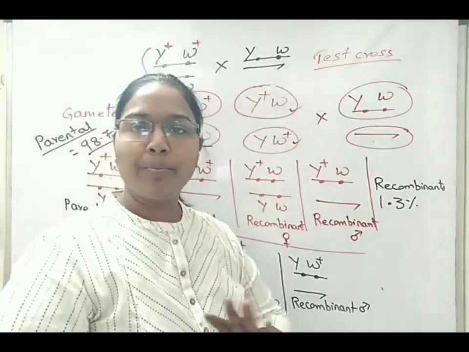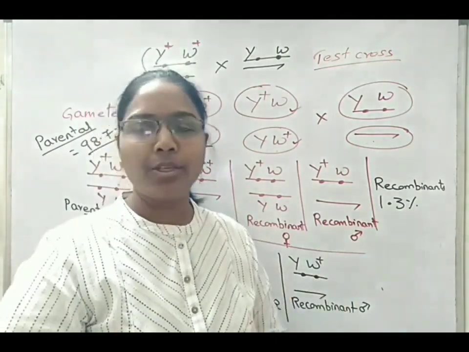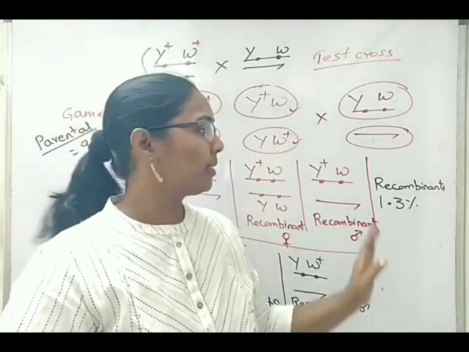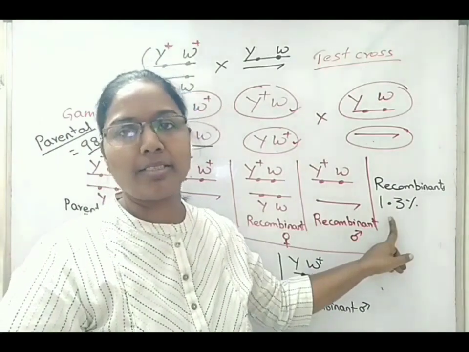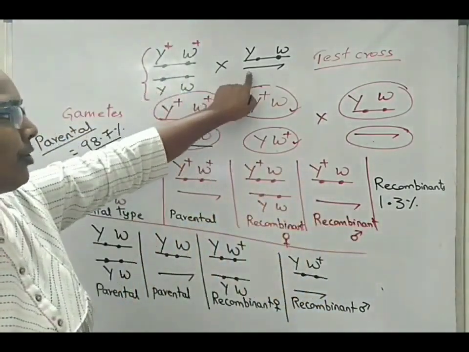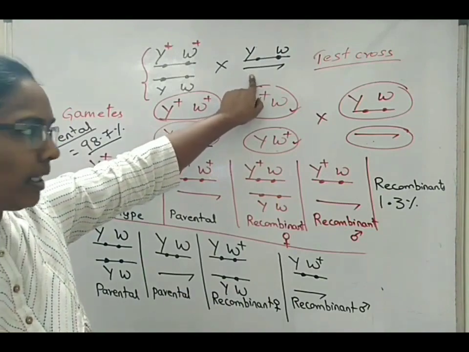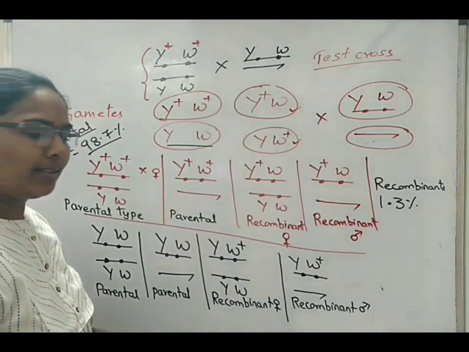Please don't consider that they are given only 8 and 8. We should not consider only whatever number is given there. We should consider the percentages of parental combinations and recombinant combinations. And you should remember that the cross from the F1 generation is done. That type of cross is a test cross, not the regular type of self-crossing.